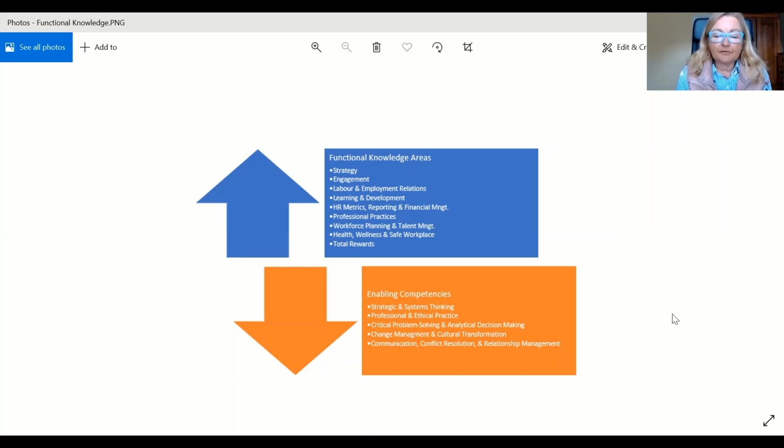You know what's missing for me here on the enabling competencies? They have analytical decision making, but I would really like them to hit harder on that, because my experience in the community college system was that I got a lot of students who chose human resources as a field of interest because they didn't have to do math.